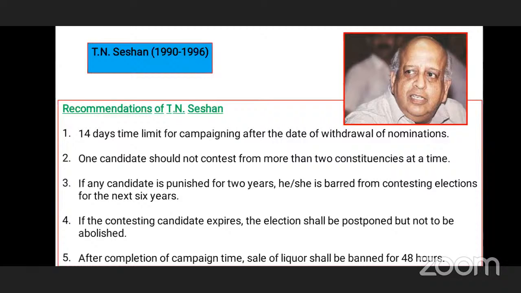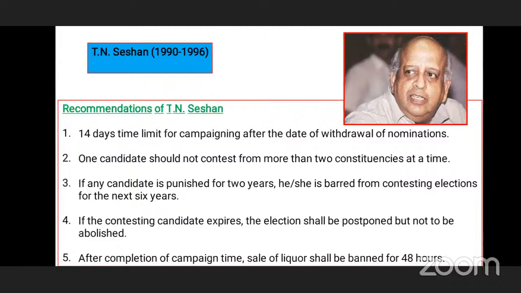If any candidate is punished for 2 years, he is barred from contesting elections for the next 6 years. If any person is punished for 2 years, he is not eligible to contest in the election.